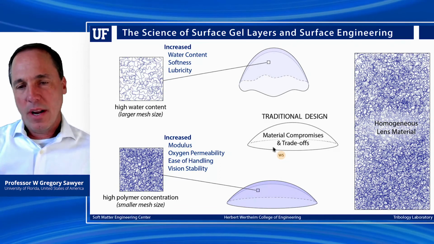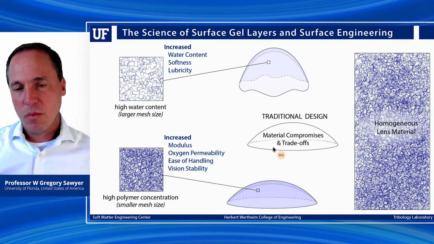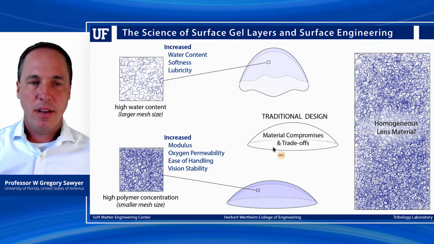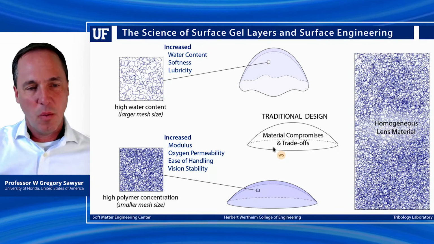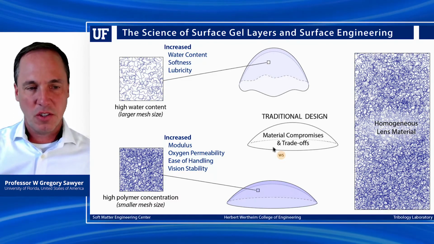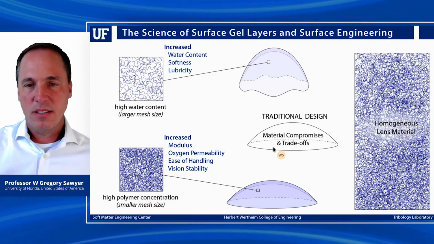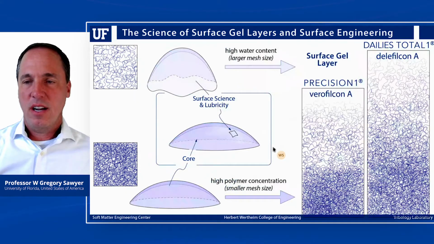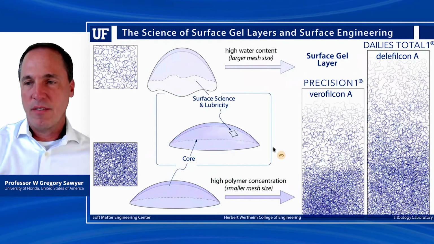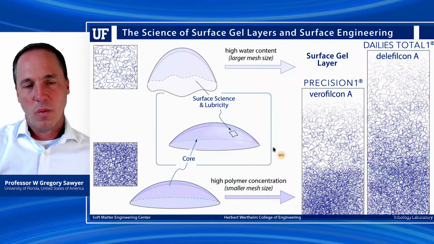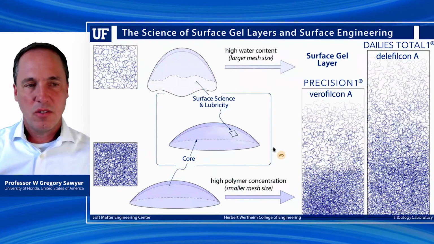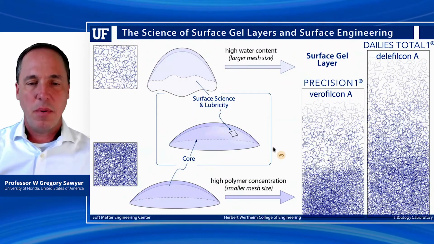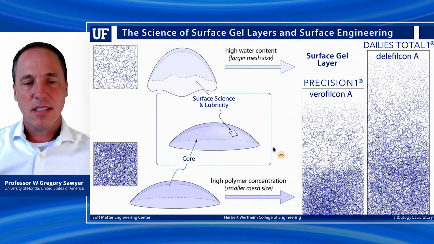The recognition and the breakthrough that we had was to recognize this is a surface phenomenon. So why not put the high water content on the surface of the structure and the high polymer content in the core? And that's exactly what's led to the designs that you see here on the right, Varioflex Canae and Delaphil Canae, where really we've used surface science to put the high water content material where it needs to be for the biology, next to the cells.